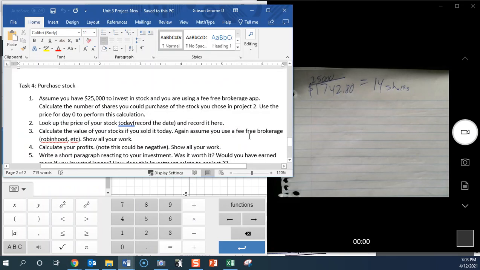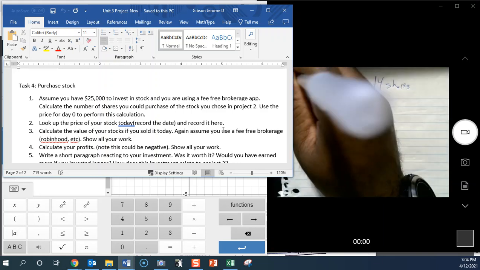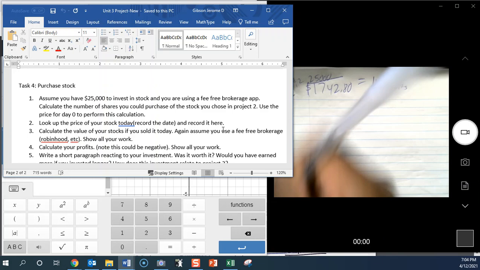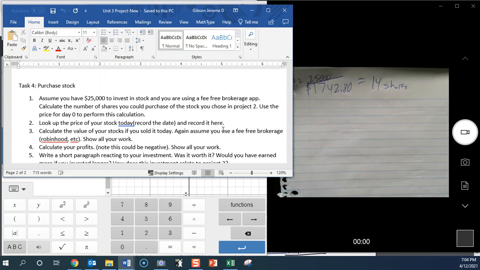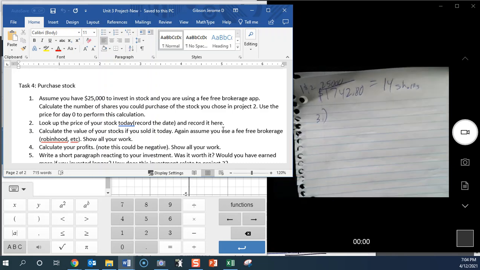Whatever number is in front of the decimal, that's all the shares you could get for that stock. All right, so we have that stock. That was actually number 2. So this is actually 1 and 2. All right, now number 3, it says calculate the value of your stocks if you sold it today.